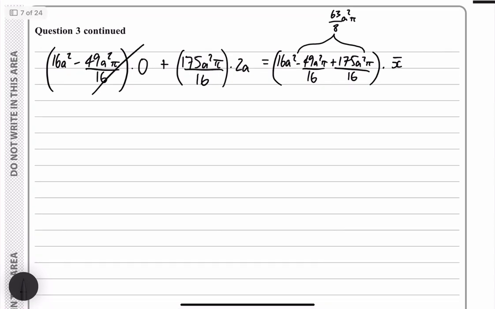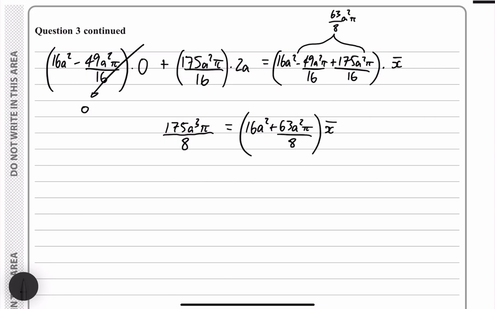And this bit obviously just gives us a big old 0. So we've got 175a squared pi times the 2a, so that's a cubed. And instead of over 16, the 2 there cancels to make 8. And on the right, 16a squared plus 63a squared pi over 8 x bar.